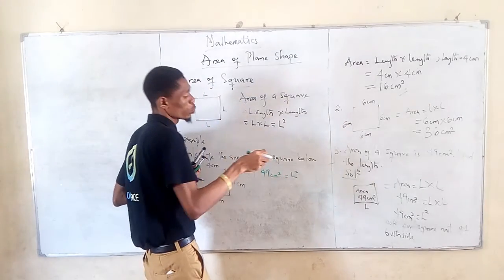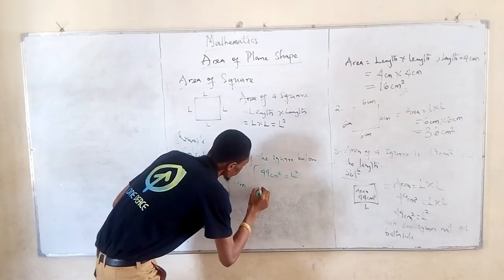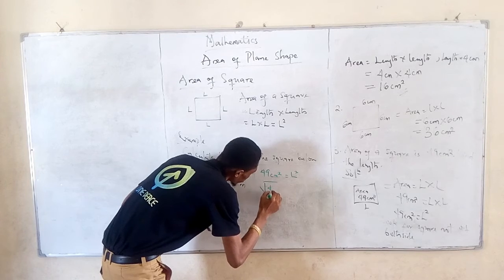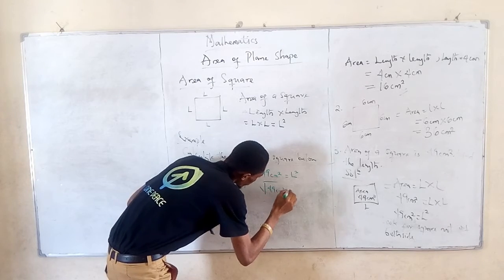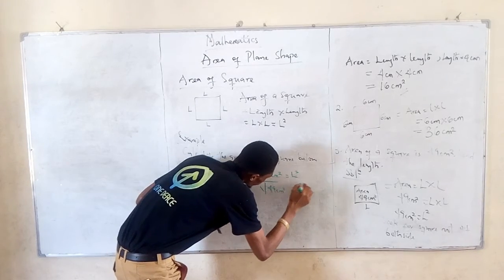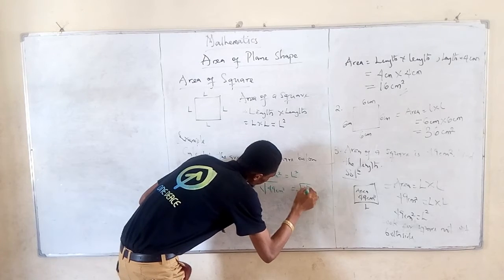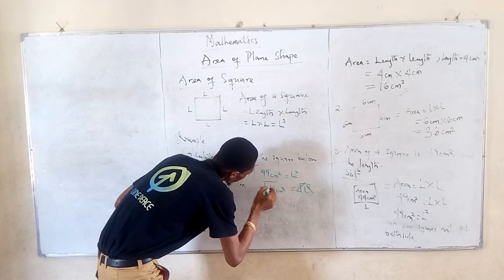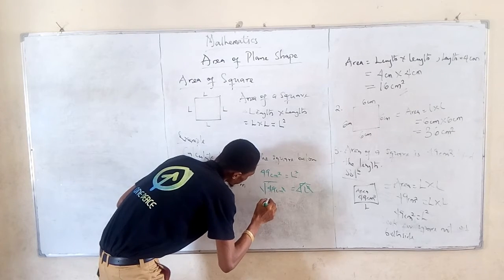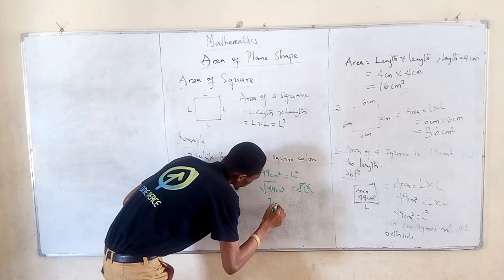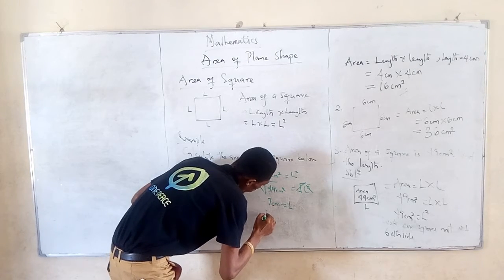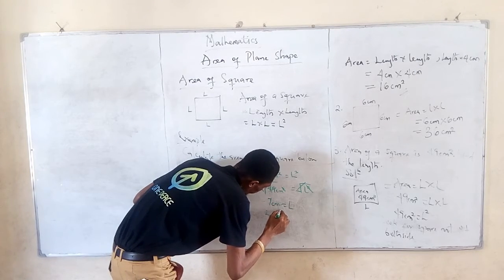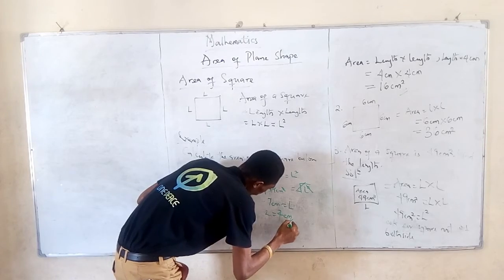And our steps say we should look for the square root of both sides. So it's going to be square root of 49 centimeters square equal to square root of L square. The square cancels the square root side. Square root of 49 is what? 7. So 7 centimeters is equal to L. L is equal to 7 centimeters.